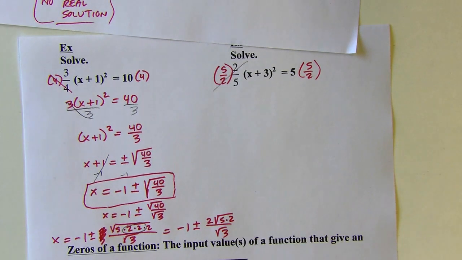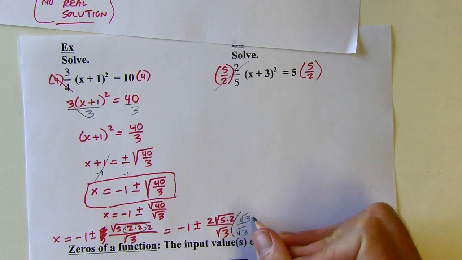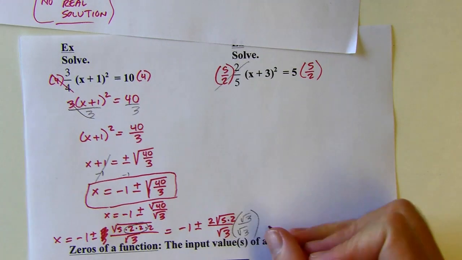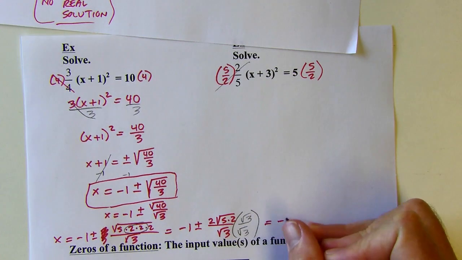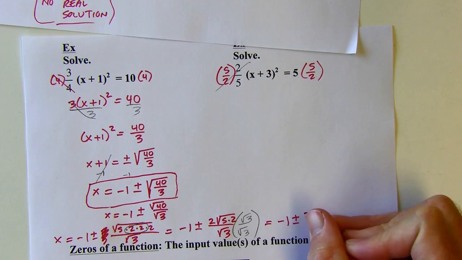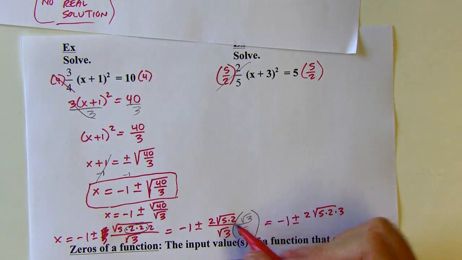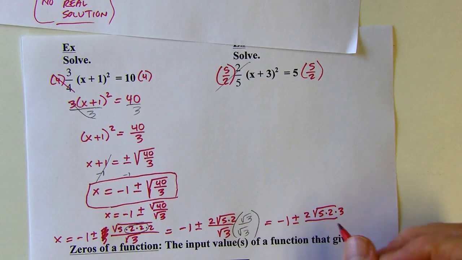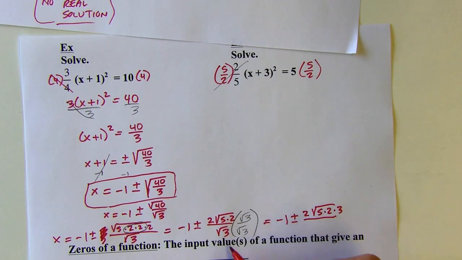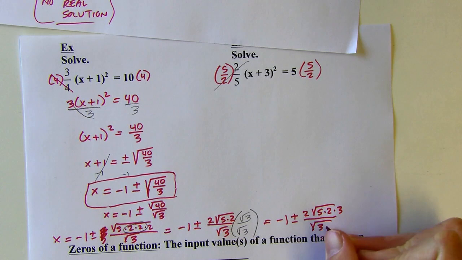Okay, and then I still have the denominator to take care of, so let's clone a twin for the 3. And you can put that 3 in right under the same roof, right? And down here, I'm going to have 3 times 3 under that roof.